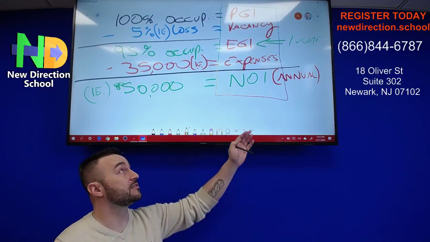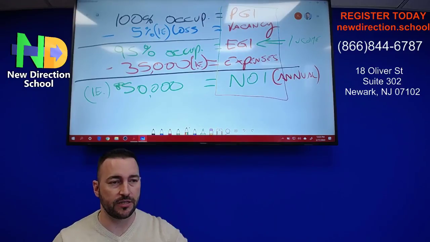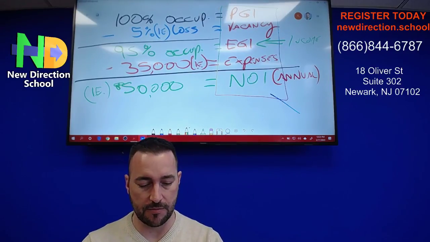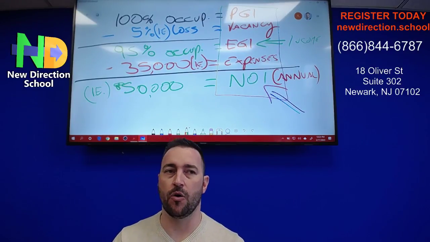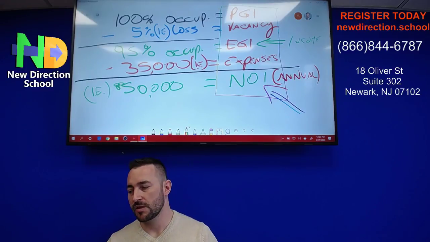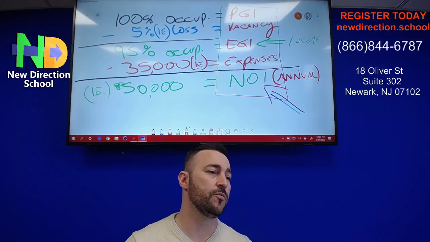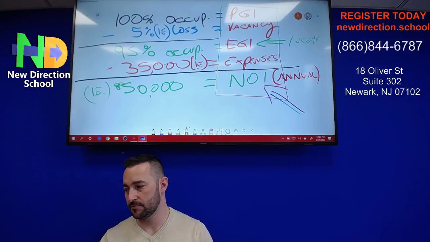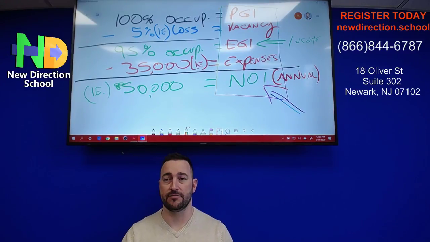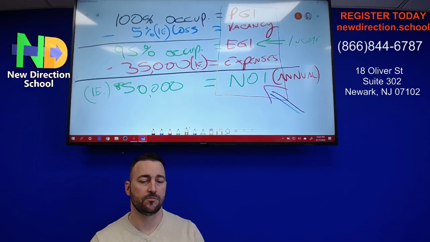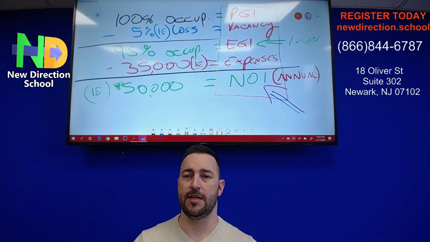But the process is this. This is what you need to remember. We need to reach this number, NOI, for the next step of the calculations. Good so far? What's PGI again? Potential gross income. So that's assuming 100% occupancy. What's EGI? Effective gross income, after the expected losses.